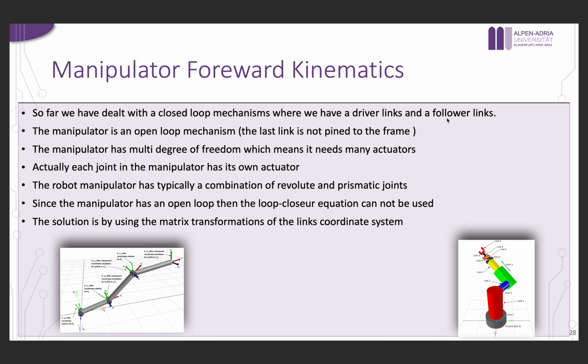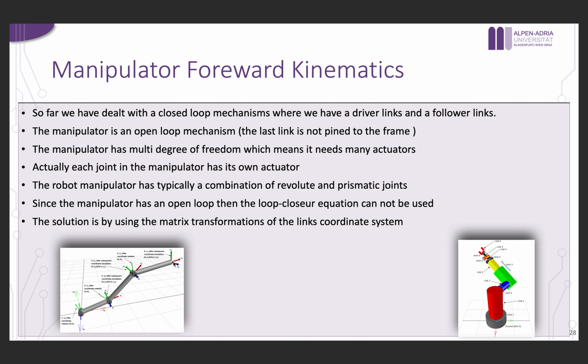Now, forward kinematics is the model of the position of the target point. Let's say I have a manipulator like here. A manipulator is a robot arm, and my reference for the target position of the manipulator is always what is called the end effector, which is here.